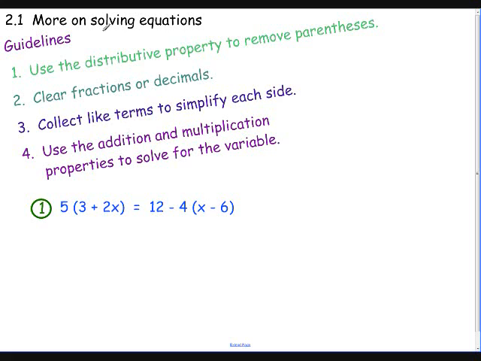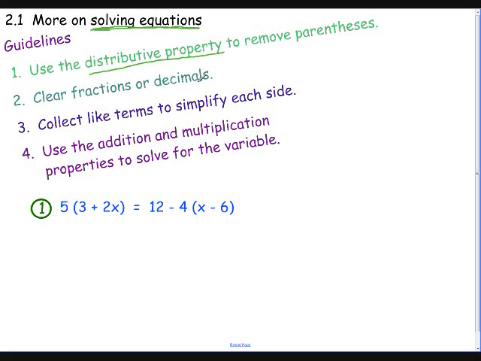So for solving equations, I'm going to give you some guidelines right here. You might want to put these in your notes. First of all, you will usually want to remove parentheses. It isn't always true, but whenever you've got a situation like this, where the variable you're solving is inside the parentheses, you definitely are going to want to use the distributive property to remove them.